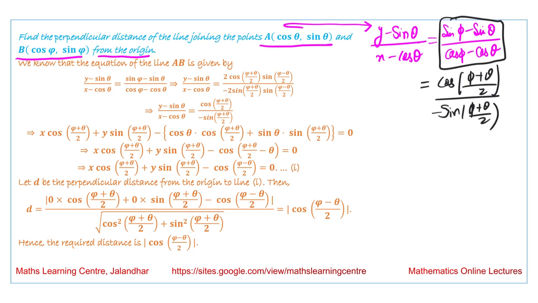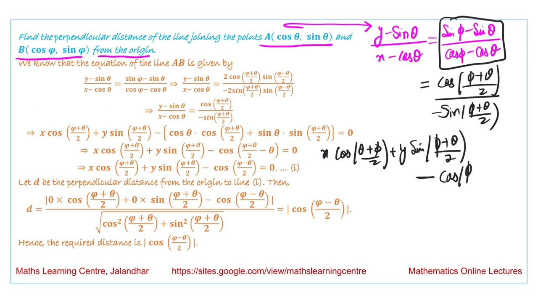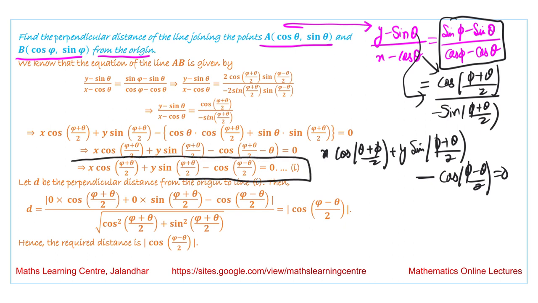So on cross multiplying, the equation becomes x cos of (theta plus phi) by 2 plus y sine of (phi plus theta) by 2 minus cos of (phi minus theta) by 2 is equal to 0. When you cross multiply these terms and simplify, you will obtain the equation of the line joining these 2 points in this form.